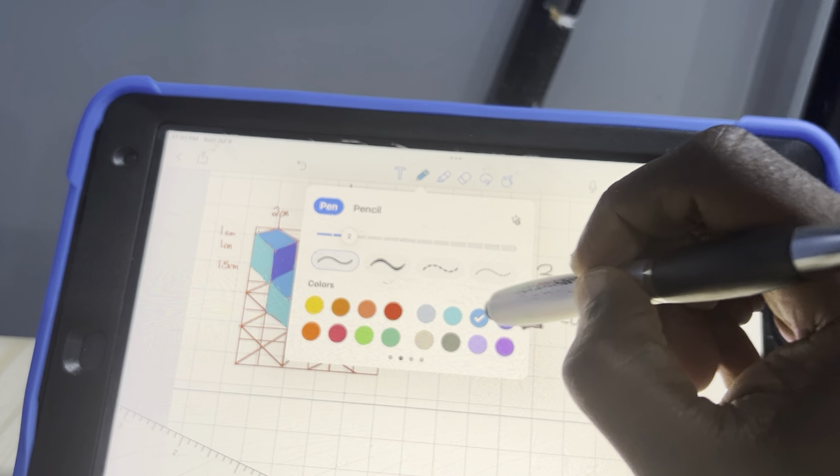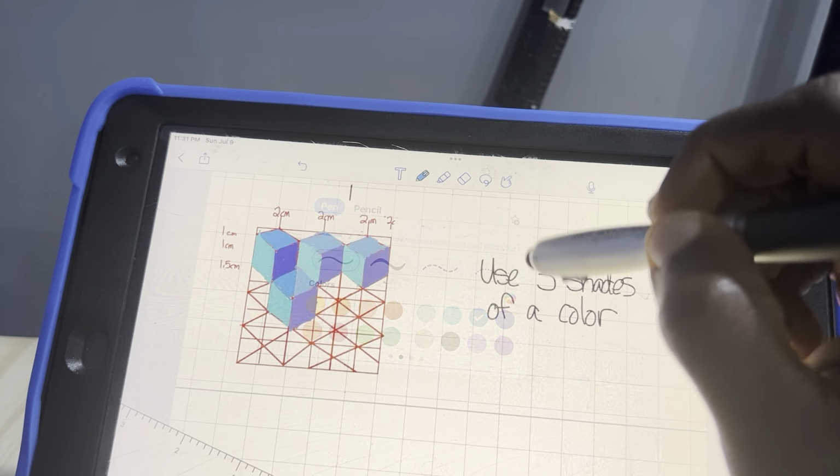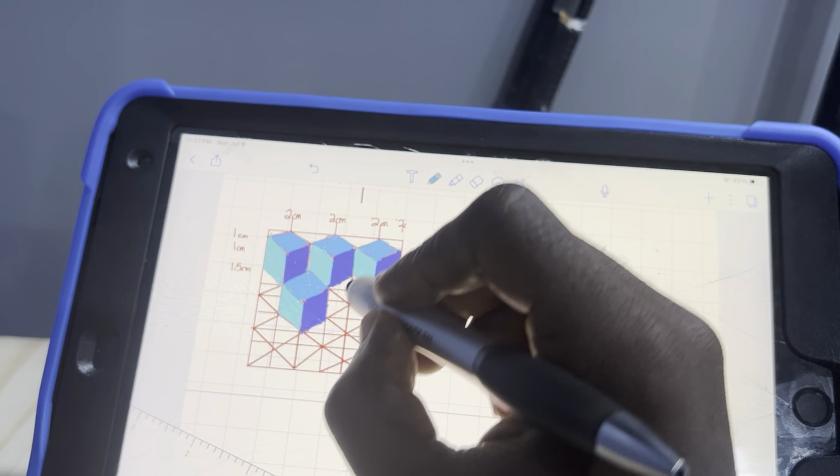See, I'm gonna do my top. That is my top. I'll make this my top again.